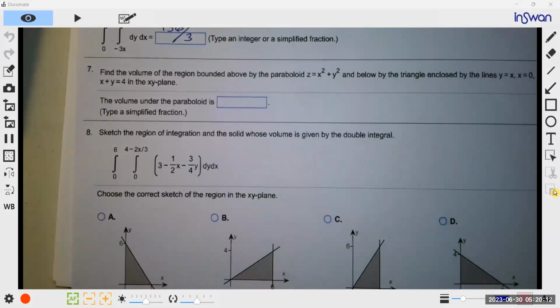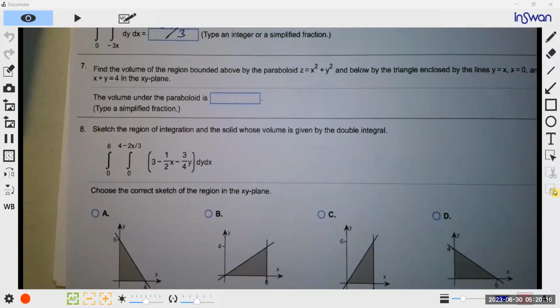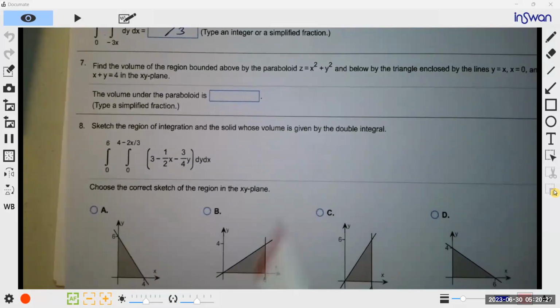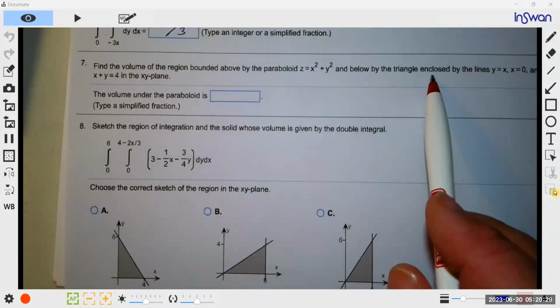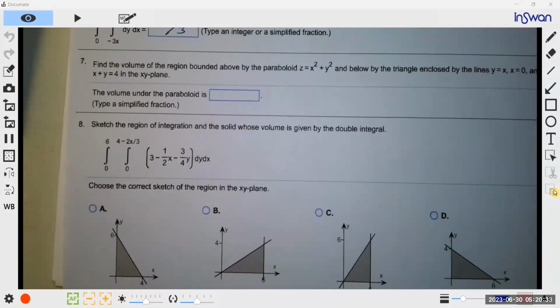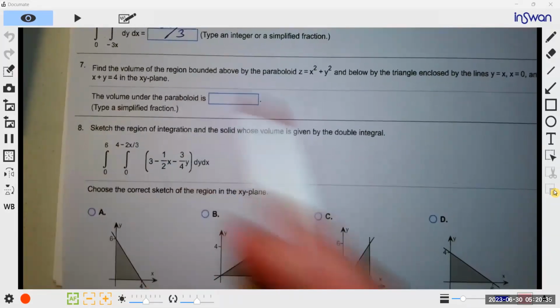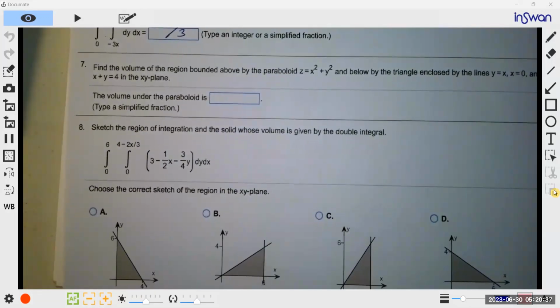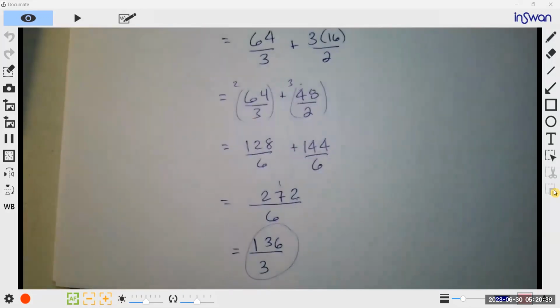Right, let's look at number 7 now. Okay, I was looking at this when I printed it out. This one looks the most complex because we first have to draw our picture to see what we're looking at, and then do our integration, because we're looking for the volume under the paraboloid. So let's see what we have here.